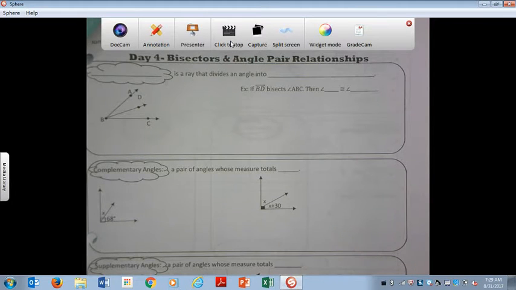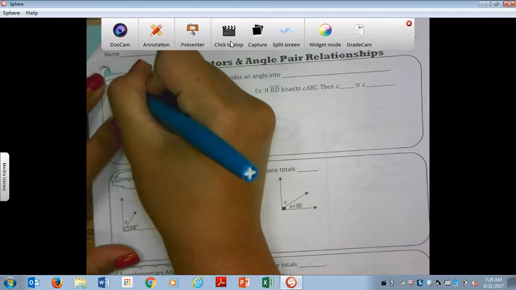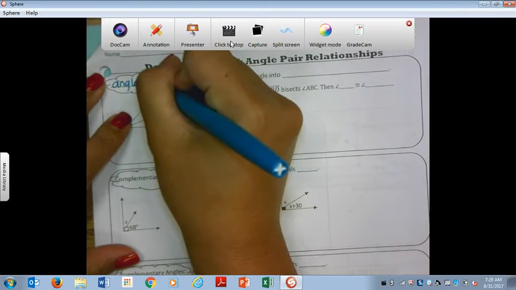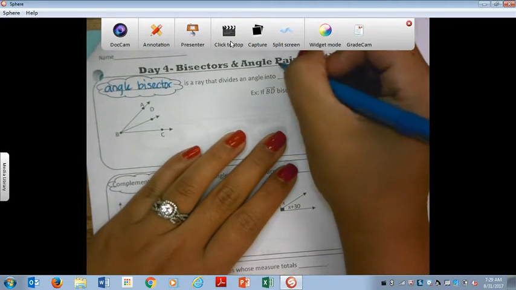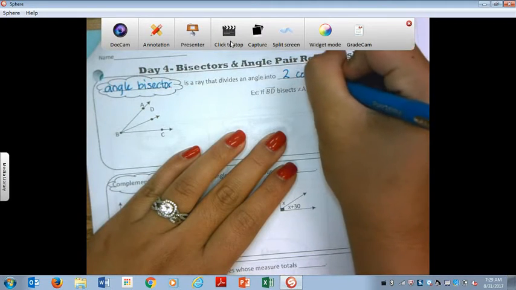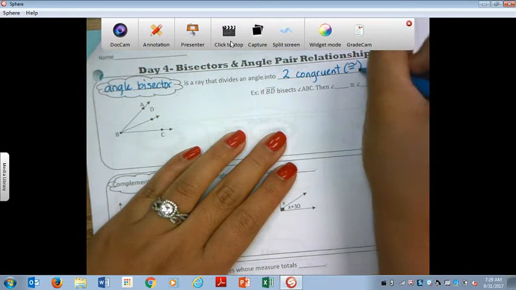Today is day 4, bisectors and angle pair relationships. The first thing we're going to learn about is the angle bisector. It is a ray that divides an angle into two congruent angles.